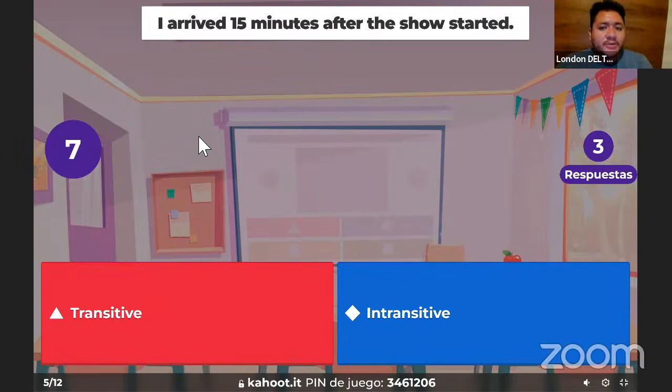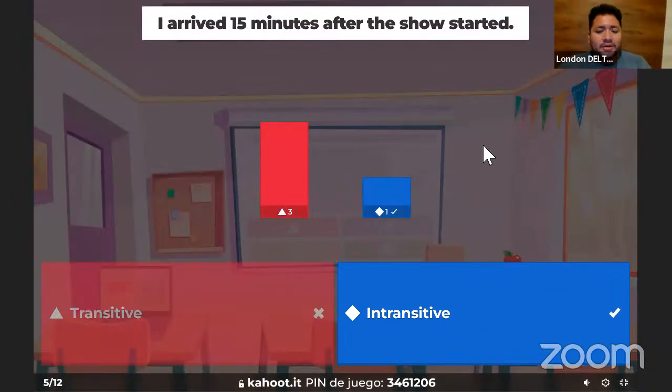Arrived. El verbo llegar es transitivo o intransitivo. Muy bien, es intransitivo. That means that you don't need, acuérdense, intransitivo es el que no necesita un objeto o no se menciona el objeto. Transitivo, necesito objeto. So, I arrived, it means yo llegué.